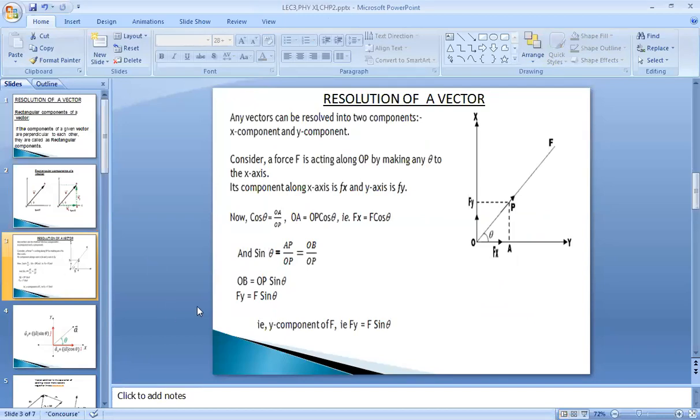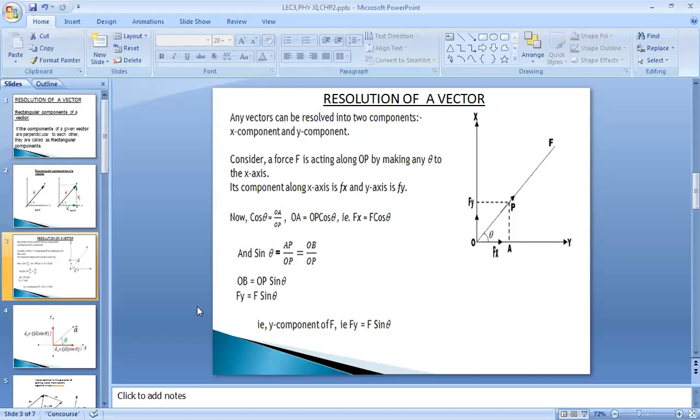Here in this slide, again, you can take a snapshot of this slide, or you can take a print of this slide. The resolution of a vector is very clearly mentioned, although I have already explained this.